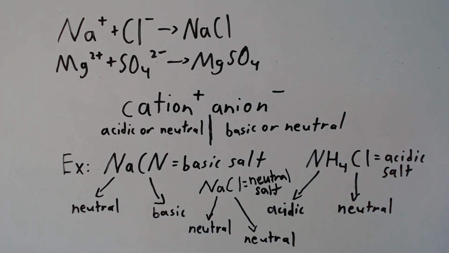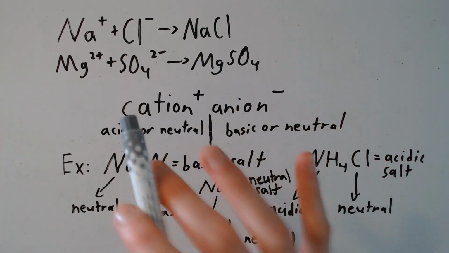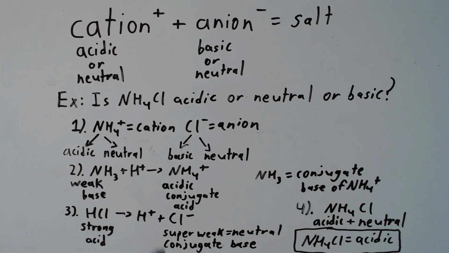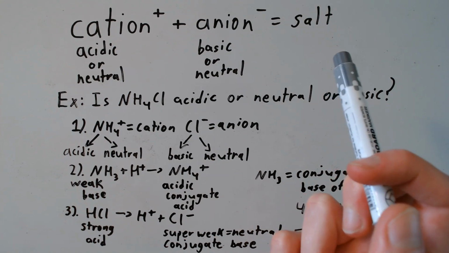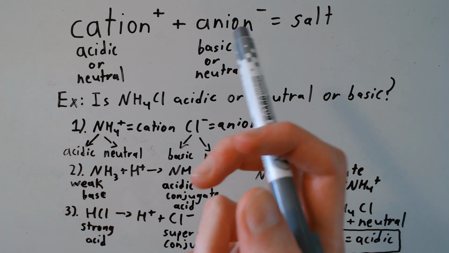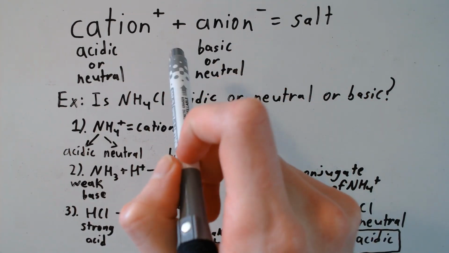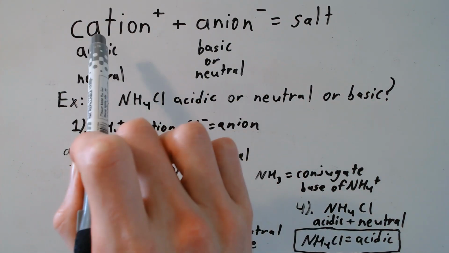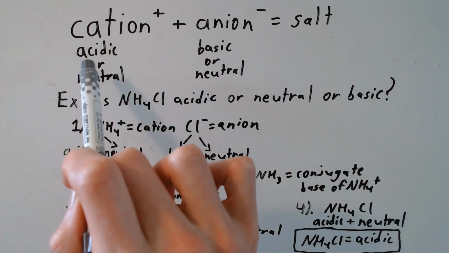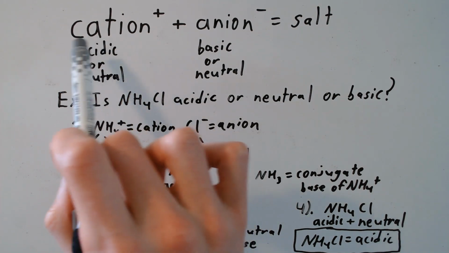However, this does not explain how to predict whether a salt is basic or acidic, and that's what I'm going to do right now. In order to figure out whether a salt is acidic, basic, or neutral, I'll give you a quick rule. A salt is made out of a positive cation and a negative anion. The cation can only be acidic or neutral. It cannot be basic.